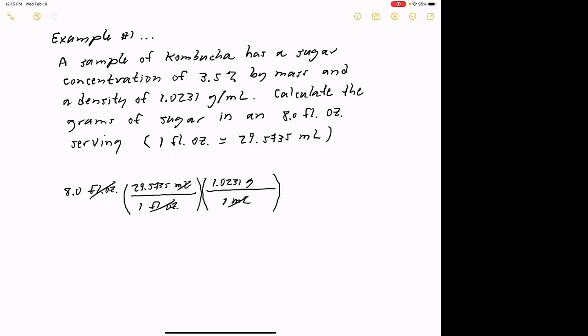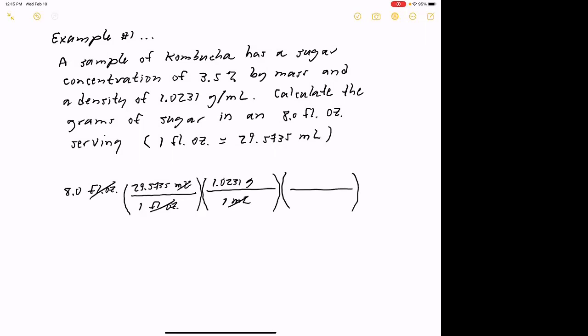Now, at this point, I'm well set up to get back to the amount of sugar because I know the concentration of the sugar as a percent by mass. So now I have a conversion that gets me from grams of kombucha back to grams of sugar. And that's going to be that concentration. Okay, so what does that by mass mean?